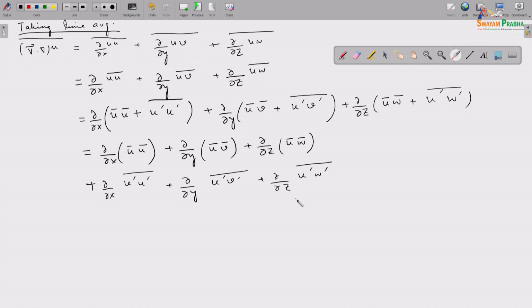Okay. Then again, what we had written out as the total derivative, v dot del is something that we have written out as above. If I do this, here also we should take the time average.